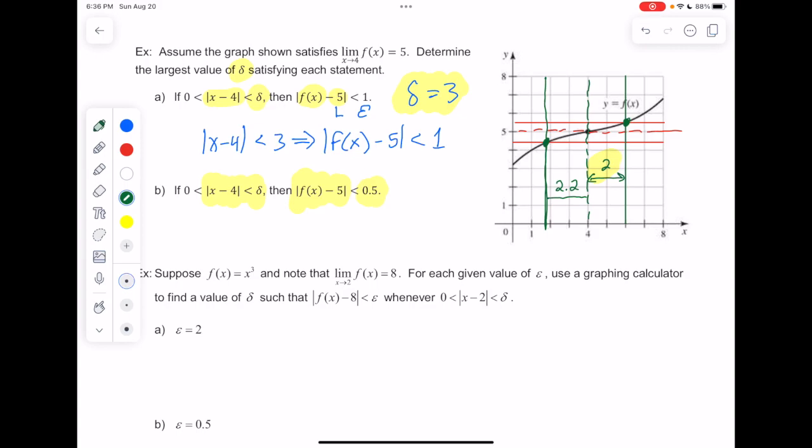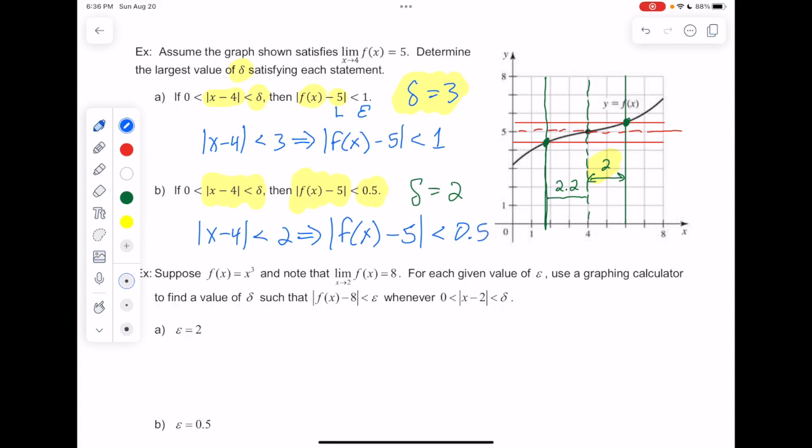And I would say let's choose delta equal to 2 this time. And then if we do that, it should be the case that whenever the absolute value of x minus 4 is less than 2, it will be the case that the absolute value of f of x minus 5 is less than 1/2.